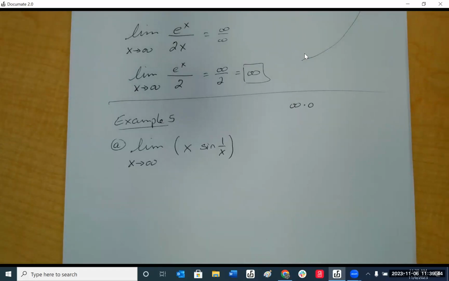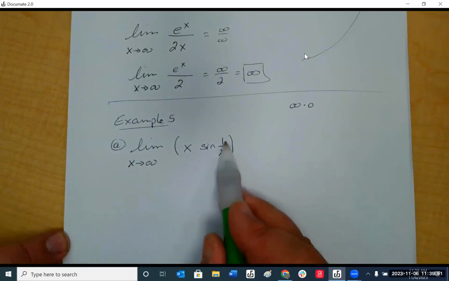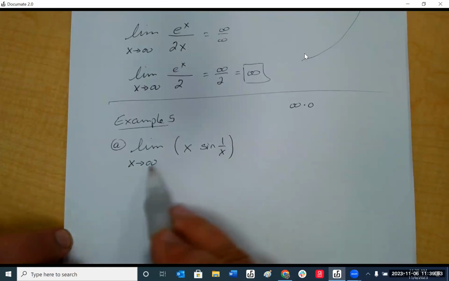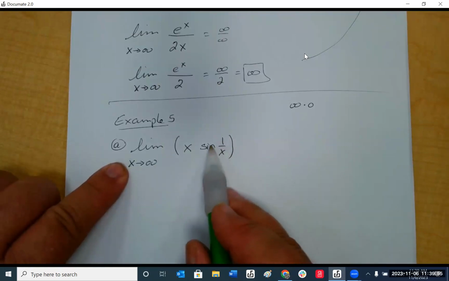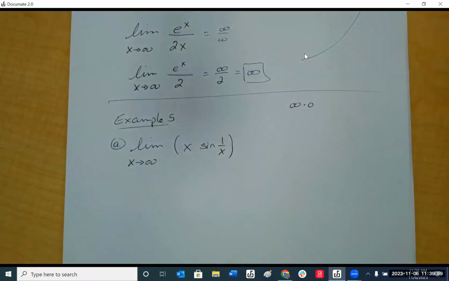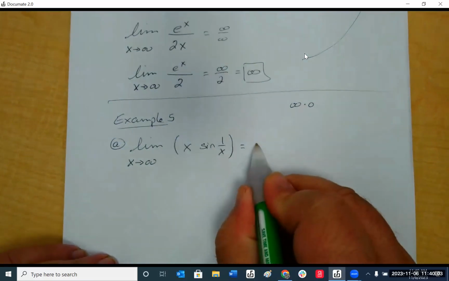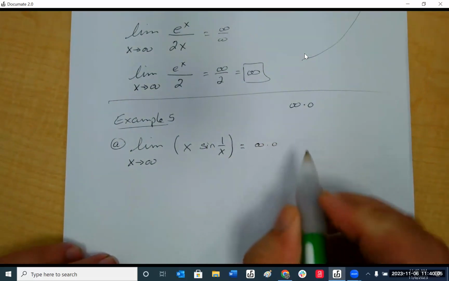So what do we do with that? Sine of 1 over infinity as x goes to infinity becomes sine of 0, which is 0. So this is infinity times 0.